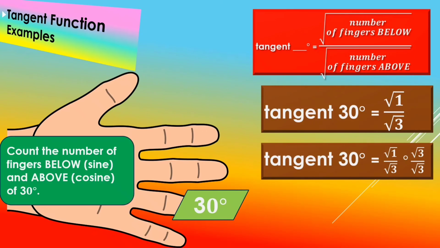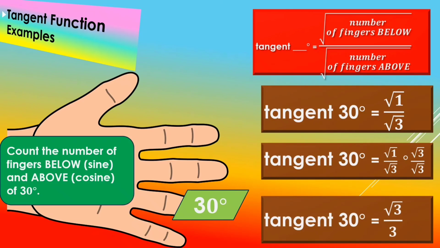So tangent 30 degrees is equal to the square root of 1 over square root of 3 times the square root of 3 over square root of 3 by rationalizing the denominator. As you can see, we have a radical in the denominator. So to simplify the radical in the denominator, we're going to rationalize it. So we have tangent 30 is equal to the square root of 3 over 3.